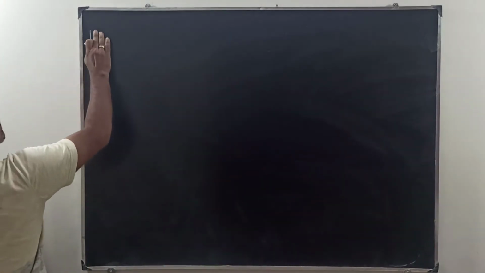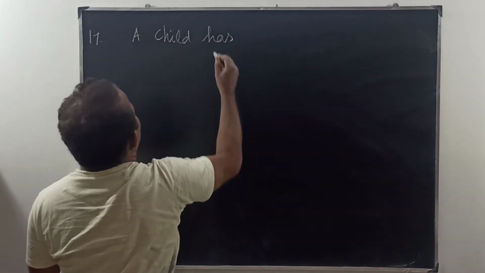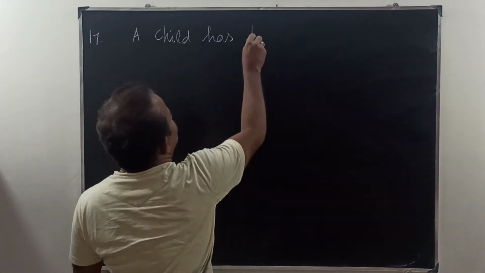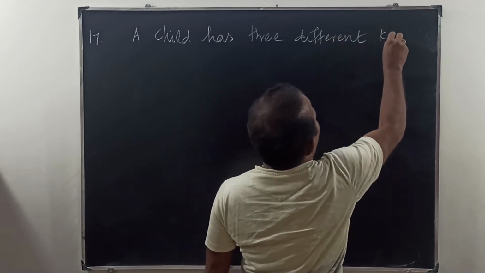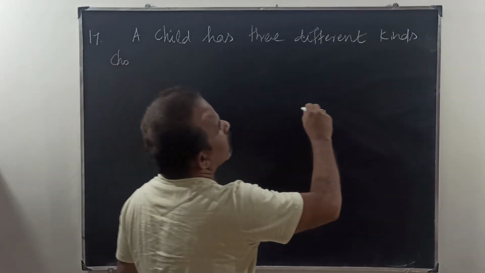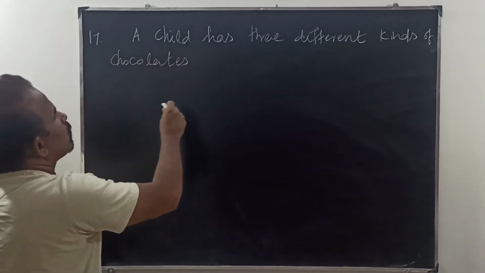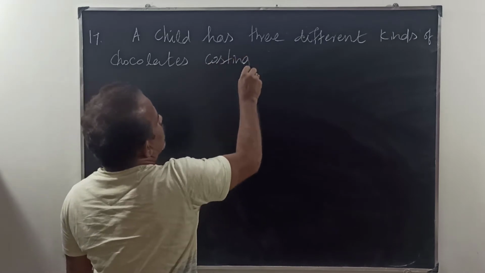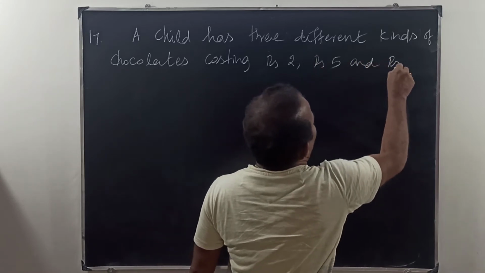The next question is, a child has three different kinds of chocolates, costing rupees 2, rupees 5 and rupees 10.